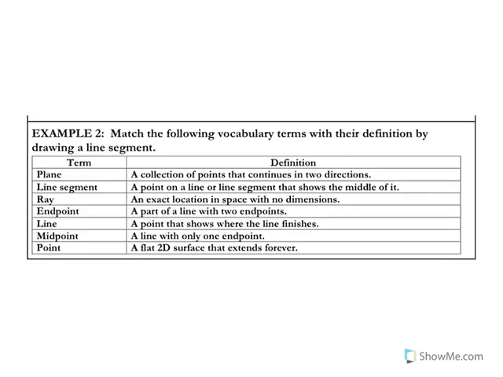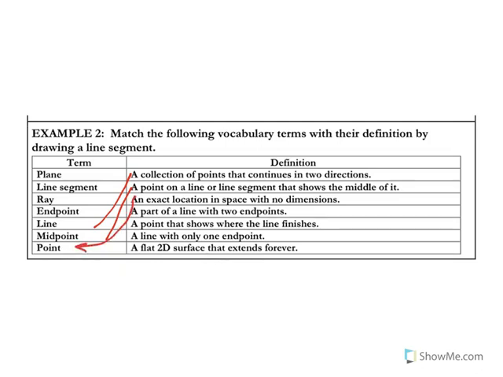All right, let's look at this vocabulary and match it. So let's start with the definition. A collection of points that continues in two directions. Well, if it continues in two directions, we know that means it's a line. A point on a line or line segment that shows the middle of it, that's going to be our midpoint. An exact location in space with no dimensions was a point.